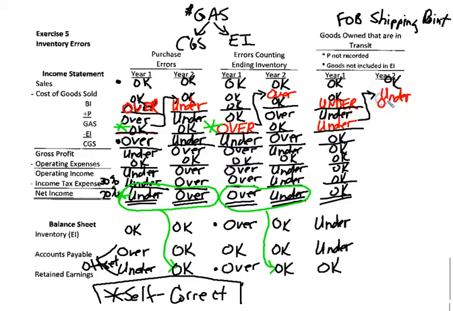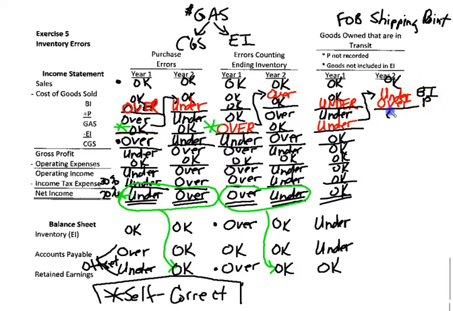So it's going to be overstated. So we have beginning inventory and purchases. If purchases was too low last year because we didn't record something, that means we recorded it in year 2 and we're putting too much into year 2. Too many purchases in year 2.